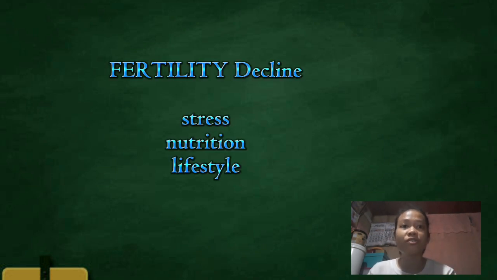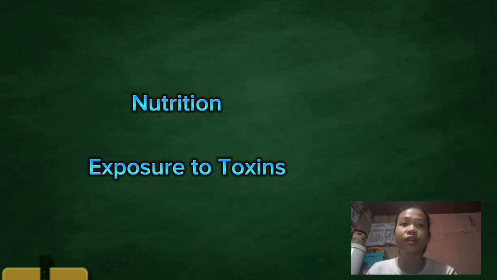Fertility can be influenced by various factors such as nutrition, stress, and exposure to toxins. So there are many factors that can cause a decline in fertility, such as nutrition, exposure to toxins, and of course, lifestyle.